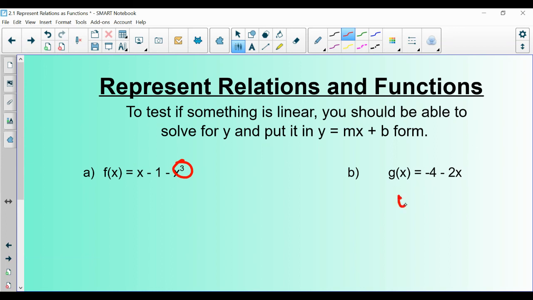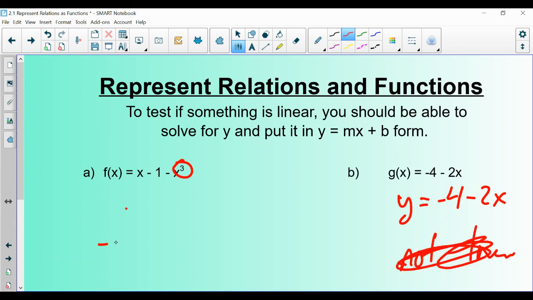G of x is the same as y, so it would be like y equals -4 minus 2x. That looks a lot like y equals mx plus b. In fact, I could convert it into that if I wanted to. And there's no exponents, there's no square roots, no absolute value signs, none of that weird stuff. So that one there is not linear. Sorry, that one is linear. This one is not linear.